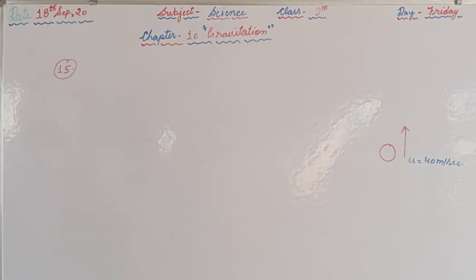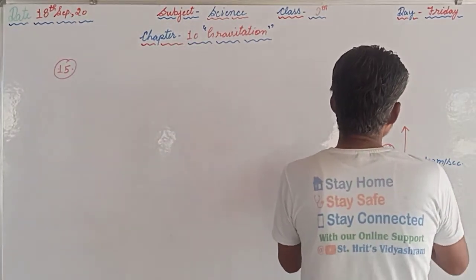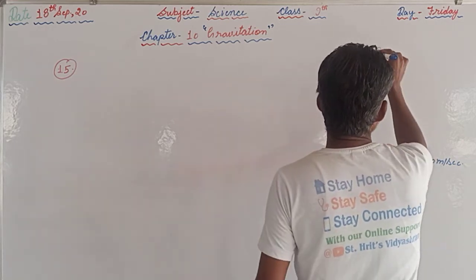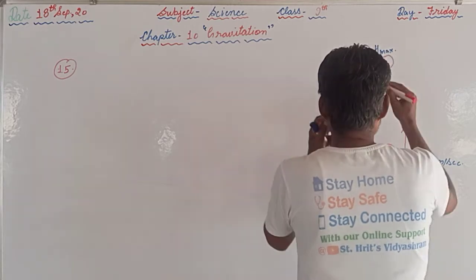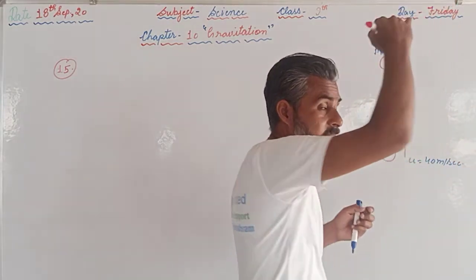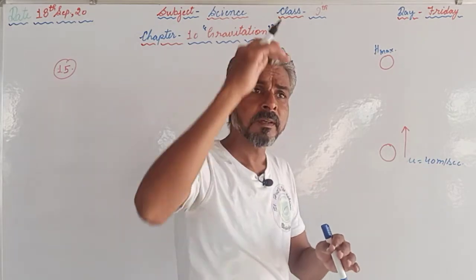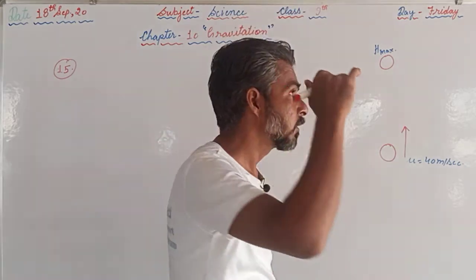First thing is we have to find the maximum height. Suppose that the ball reaches here, the h maximum. After reaching the maximum height, the ball will come in the downward direction. So at the maximum height, the velocity of the ball becomes 0.